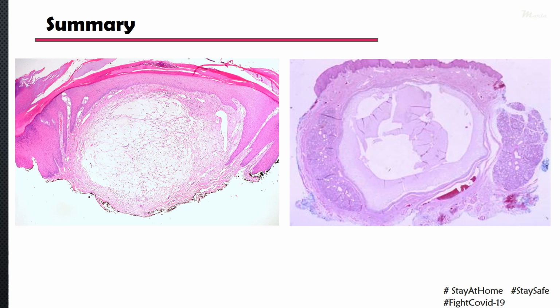So, to summarize, mucoceles are a pathological cavity which is filled with fluid. We have learned about two common types of mucocele, that is the mucus retention type and the mucus extravasation type. These two types of mucocele vary in respect to the pathogenesis.